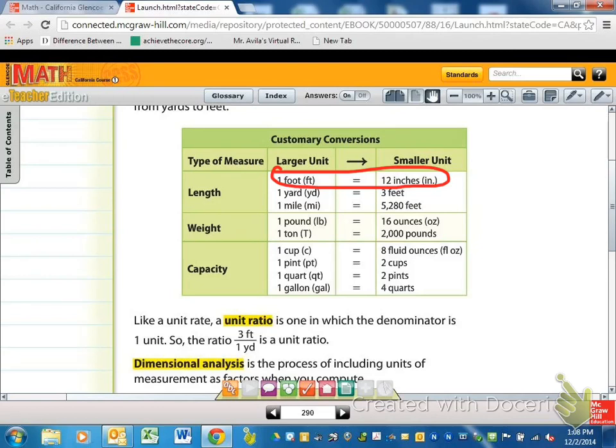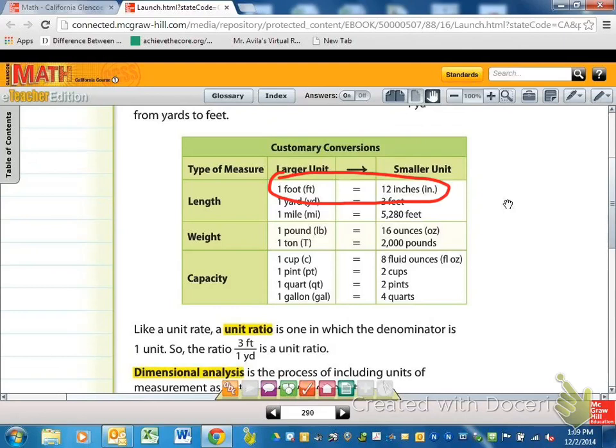So we want to convert this. So we're going to write this as 12 inches over 1 foot. This is an improper fraction, but it is a ratio. And this is what we're going to use to determine from feet to inches.